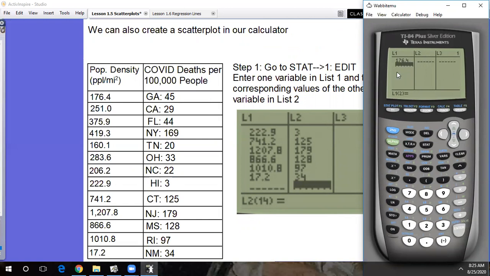We're going to use these as data points. So I'm just going to start entering my data. I've got 375.9, 419.3, and so on and so forth. While I'm doing this, if you have your graphing calculator with you, please follow along and enter this data as well, so that you are able to walk through these steps as we're doing it.